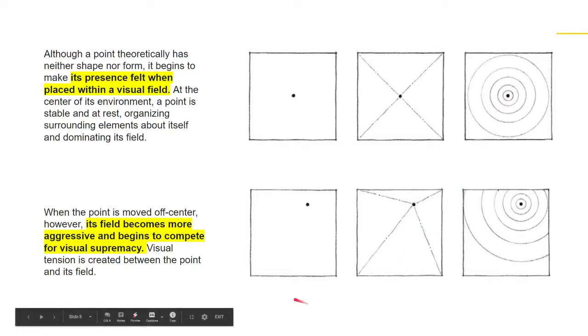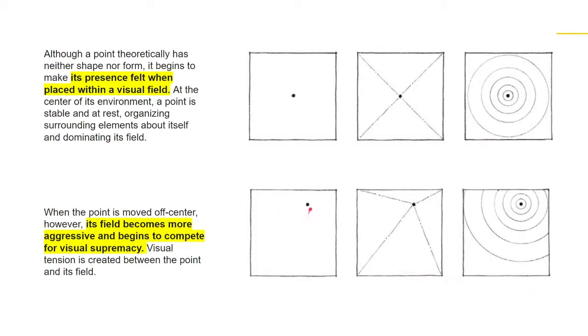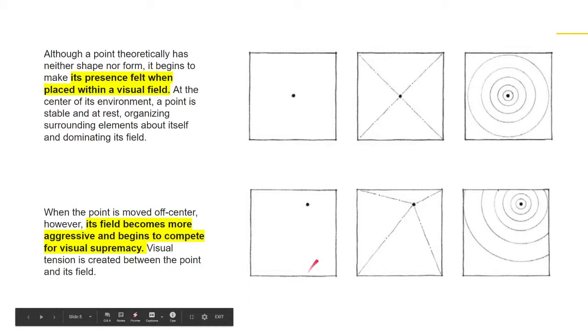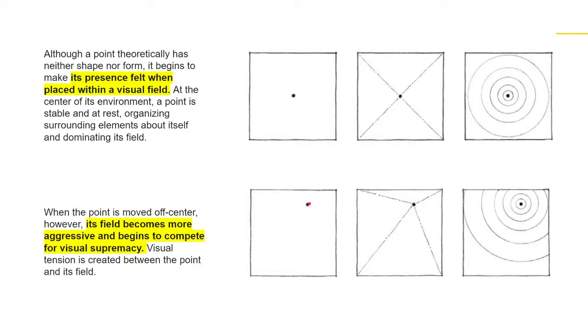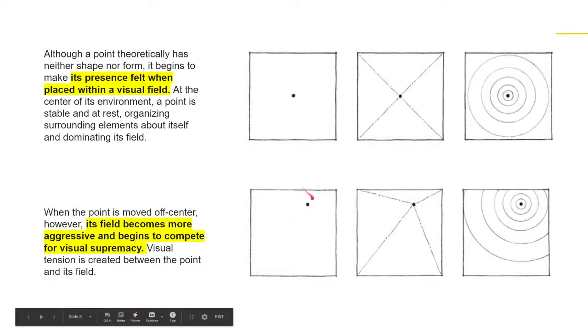In the next three planes, moving the point off center creates tension. From the central point, move to the upper right corner. It brings out the tension here while releasing the stresses on this side.